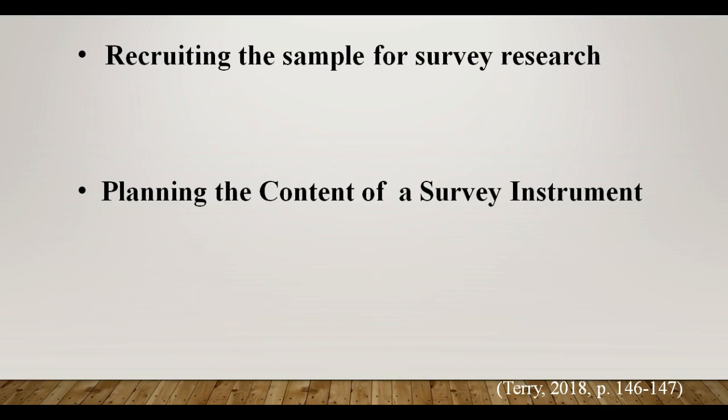Planning the content of a survey. In order to have a valid survey, we need to discuss the content of the survey next. The survey needs to be easily readable and not contain all capital letters. The survey needs to be numbered and grouped according to subject.